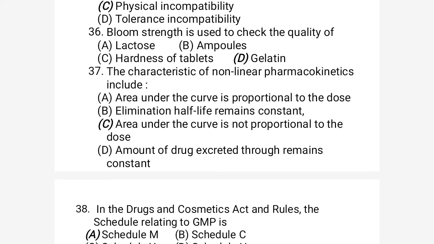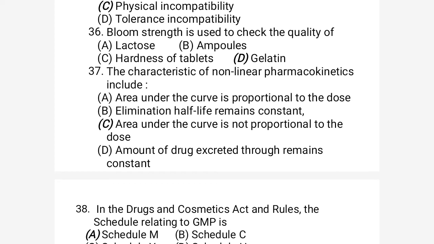Option A is the area under curve is proportional to dose. No, this is for linear pharmacokinetics. When increasing the dose, the area under curve will increase. Option B is elimination half-life remains constant.